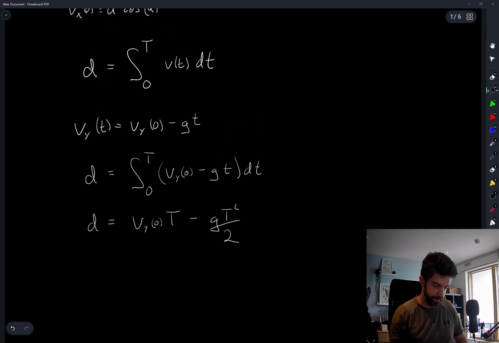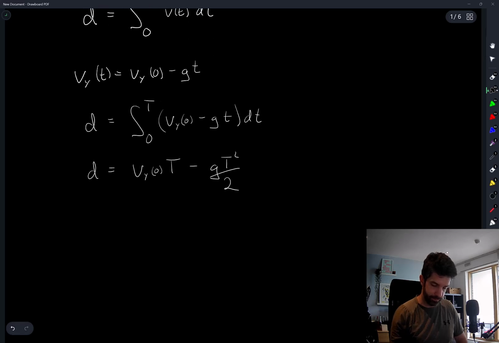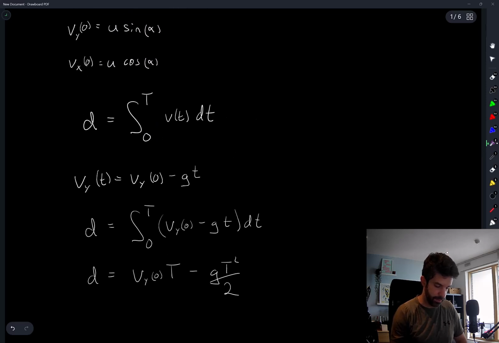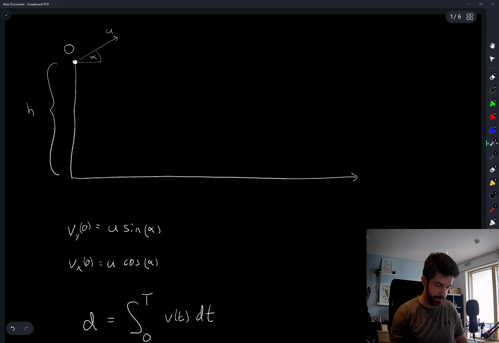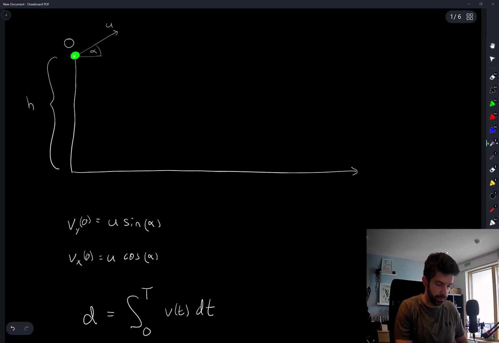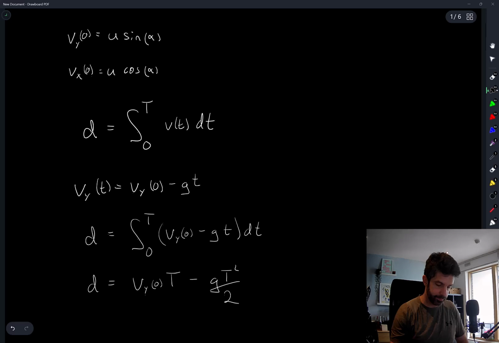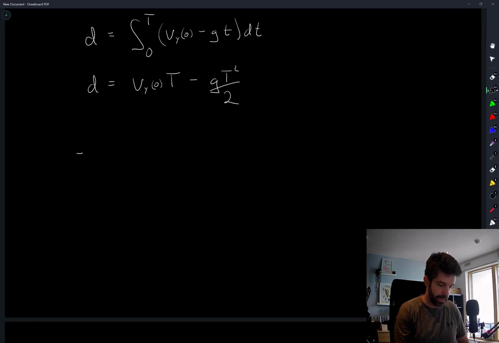This is for any amount of time that it travels. And what I want is to set the new position. If we call this 0, then the new position when it lands is negative h. So if I set this equal to negative h and rearrange, I have g T squared over 2 minus Vy of 0 times capital T minus h is equal to 0.